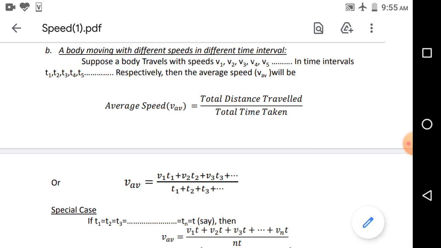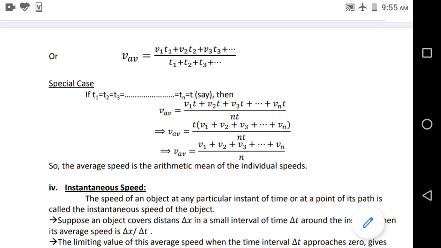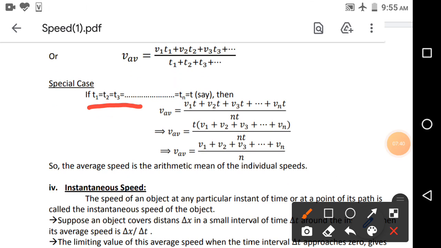Then special case, if T1, T2 up to Tn are all having the same value T, say, then V average equal to V1 T plus V2 T plus V3 T plus and so on plus Vn T, where Vn is the nth velocity.